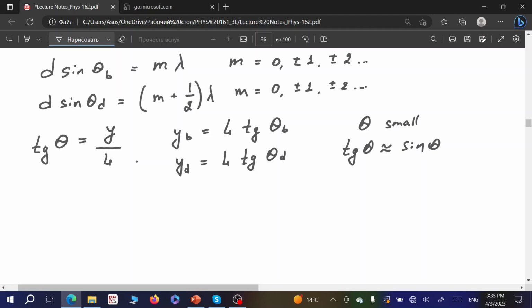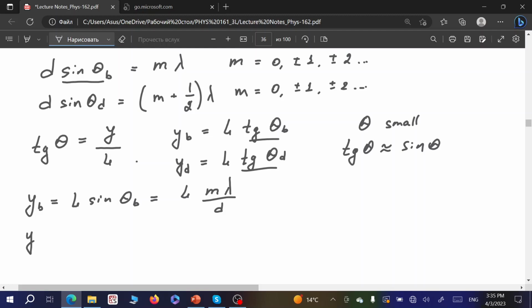And in this case, we can replace tangent theta with sine theta, so we can write that y bright, the linear position of bright fringes, will be given by capital L times sine theta bright, and that will be L times m lambda divided by d. So for this sine theta bright, we get the expression from here. So it will be m lambda divided by d.